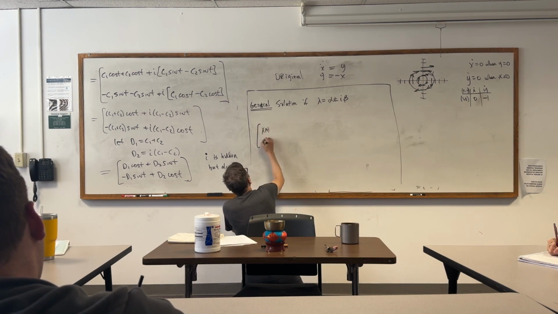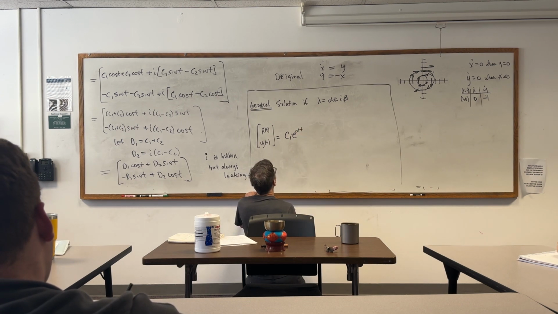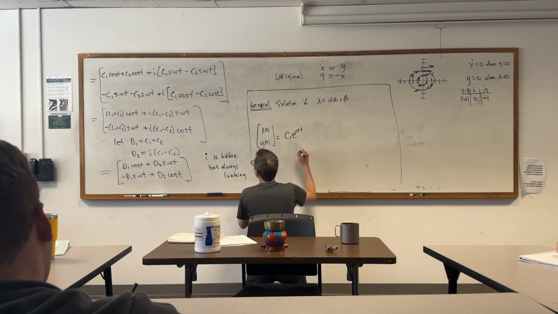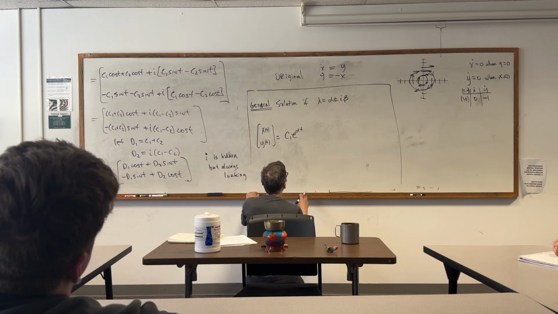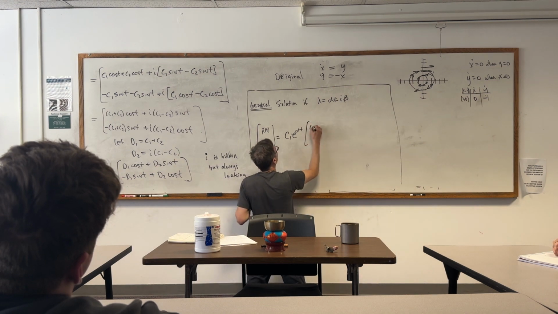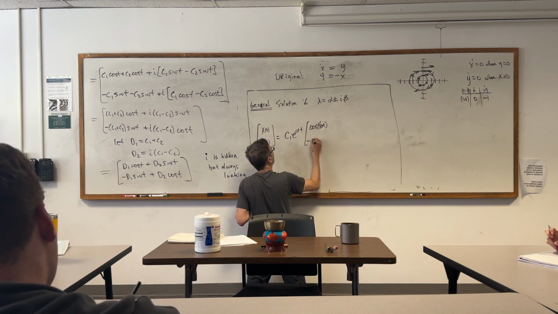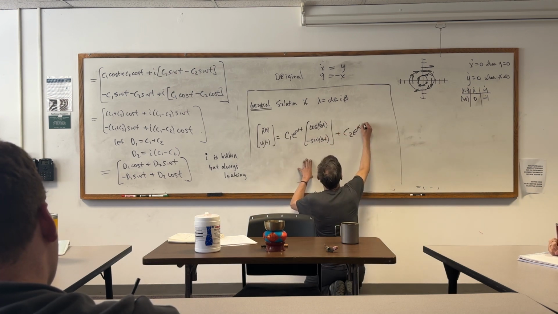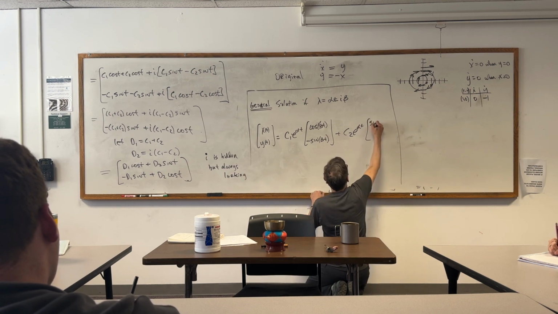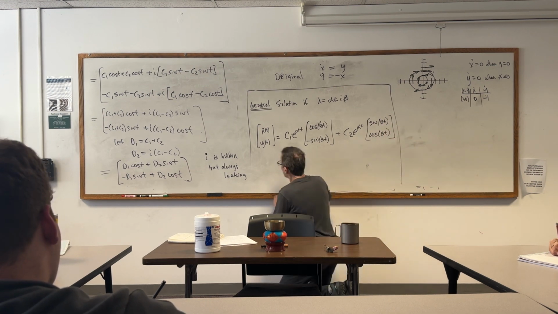It's going to be x of t, y of t equals c1 e to the alpha t times the vector cosine of beta t, minus sine of beta t, plus c2 e to the alpha t times the vector sine of beta t, cosine of beta t.